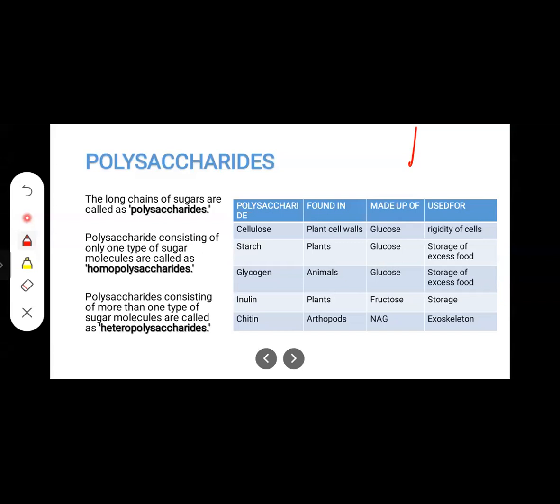And coming to another polysaccharide, chitin. This is found in arthropods and it is made up of NAG, N-acetyl glucosamine. So this forms the exoskeleton.